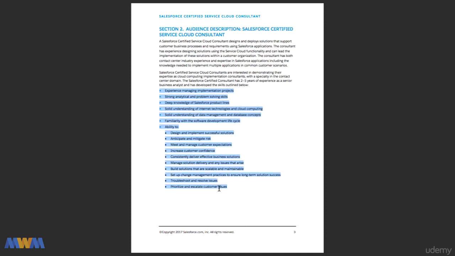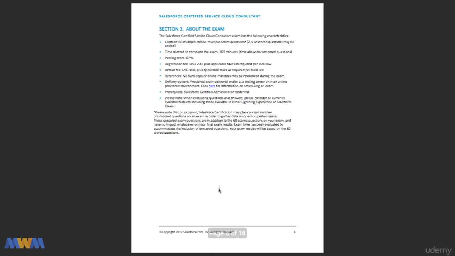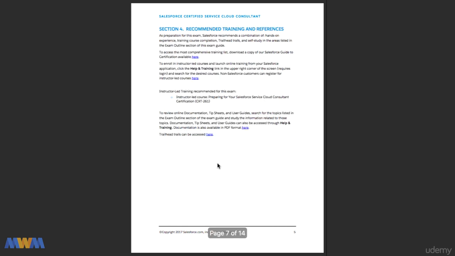These are optional Trailhead modules that you can complete in order to supplement this course and to get hands-on experience. These are practice activities I provide for you. So then here, once again, are the stats related to the exam in the exam guide, and recommended training and references. These are the same as what you found on the website.